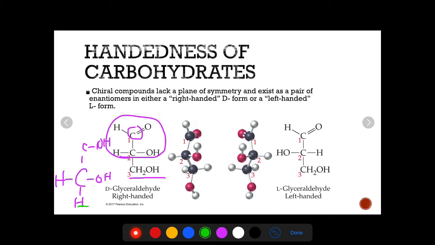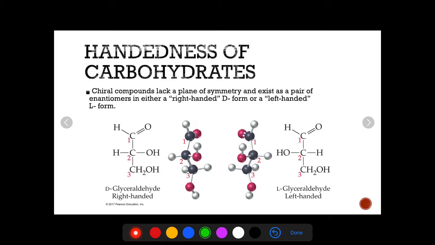Again, these are just enantiomers, and they are mirror images of each other. They're either going to be a D form or an L form when we're talking about the carbohydrates. This one right here is the D form, over here is the L form, and you can see the only thing that's changing is the placement of the hydrogen and the hydroxyl.